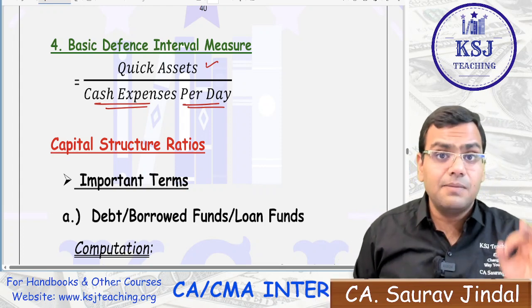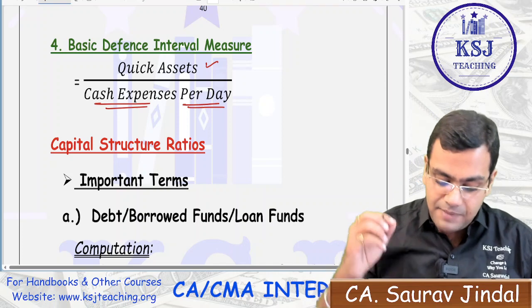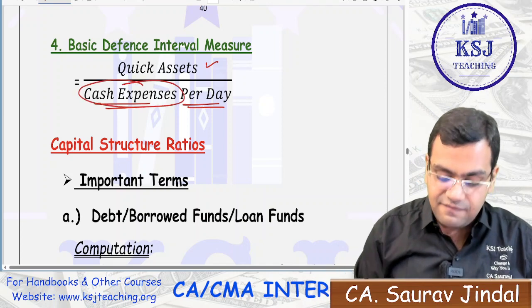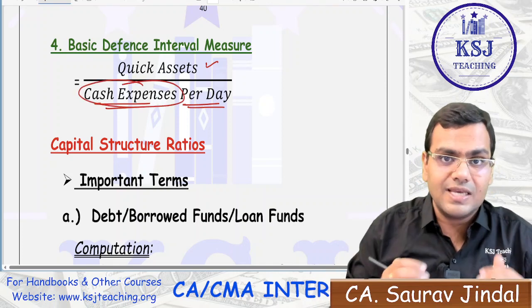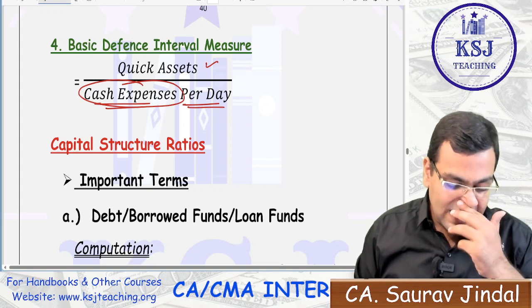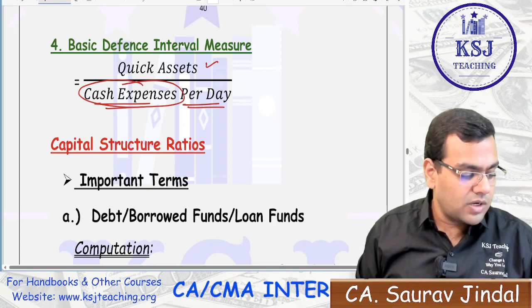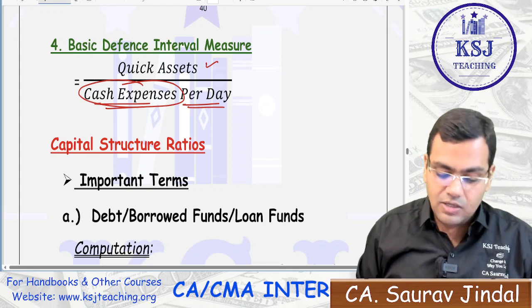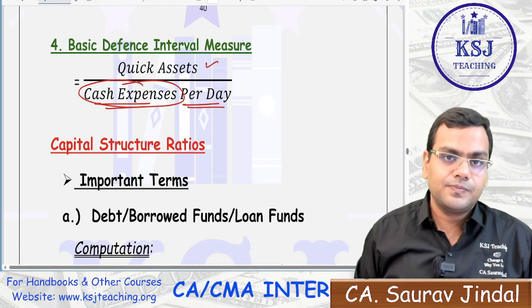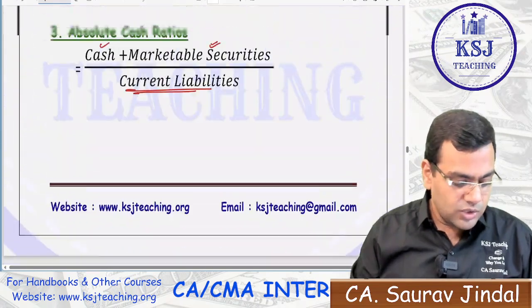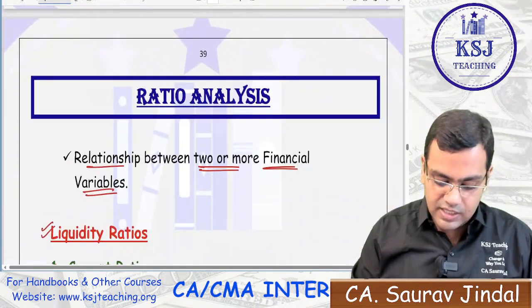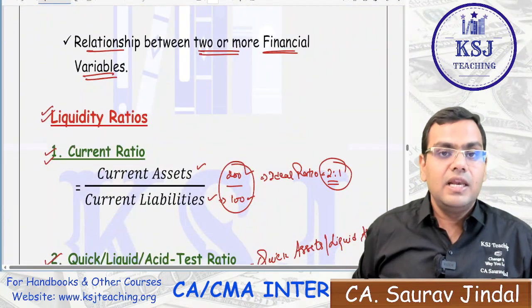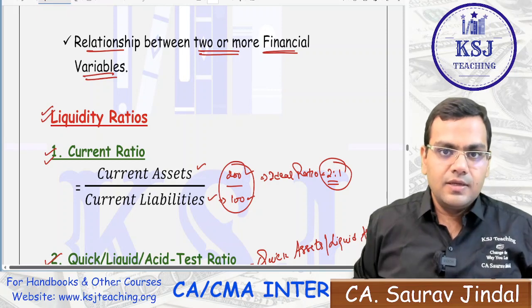For how many days the business can survive by paying off the everyday cash expenses from the quick assets. That is what is known as basic defense interval. That is for how many days a business will be able to meet its daily expenses from its current or the quick assets. Clear, sir? So these were all the ratios. These are known as liquidity ratios.